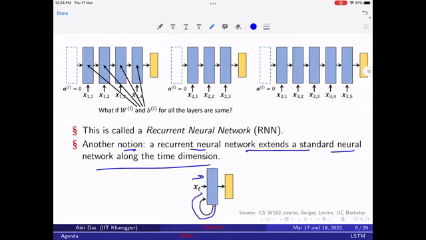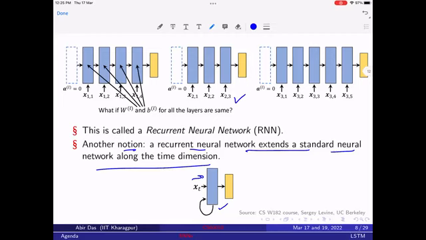So it's the output activation from the previous layer that goes back to this layer. This is a notation; you can think of it visually like this, but in a convenient and compact manner, it is drawn as this. So this is a recurrent neural network.